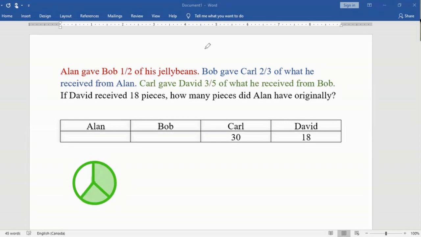There. Carl received 2/3 of what Bob received from Alan. And those 2/3 are 30 pieces. 30 divided by 2 for 2/3 is 15. So each third must represent 15.